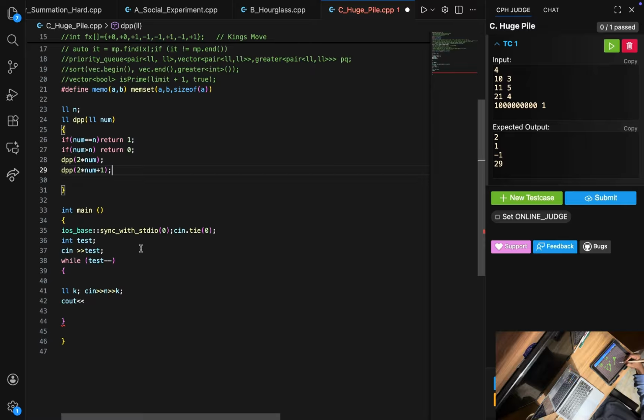Half of something, let's say n is 11, so obviously that's half is 5, and that's half is 2. Okay, it could have been 4 or something.